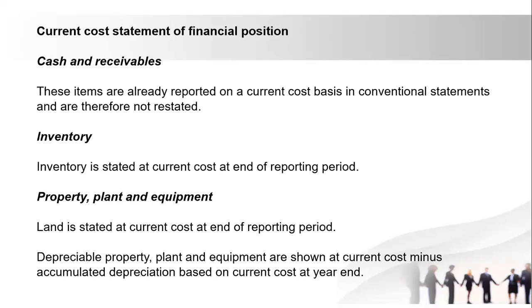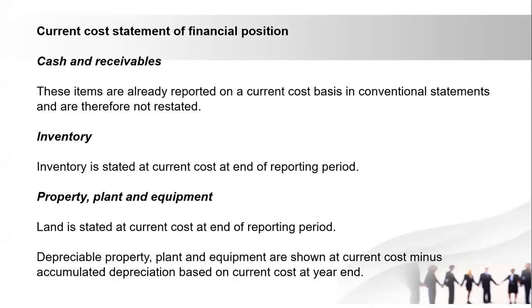Cash and receivables are already reported on a current cost basis in conventional statements and are therefore not restated. Inventory is stated at current cost at the end of the reporting period. Property, plant, and equipment: land is stated at current cost at the end of the reporting period.